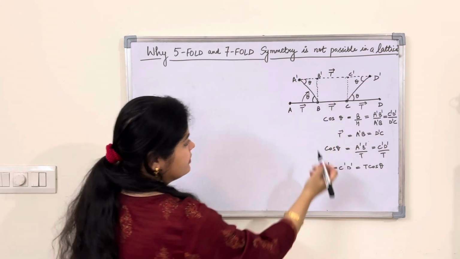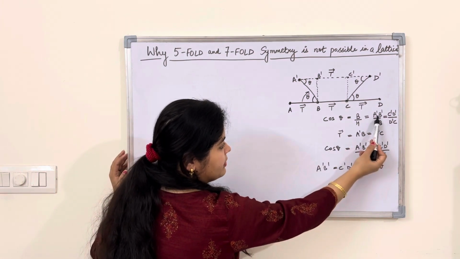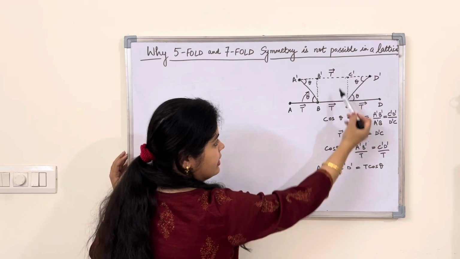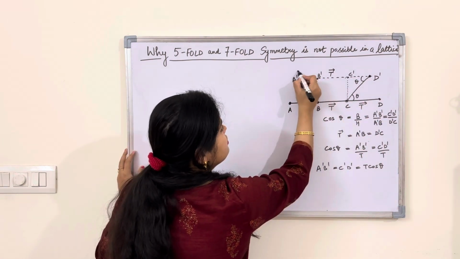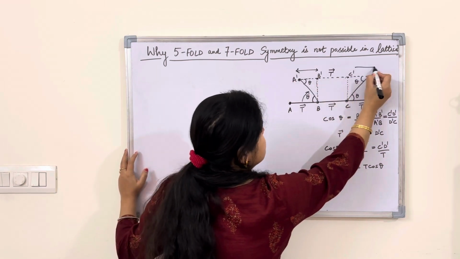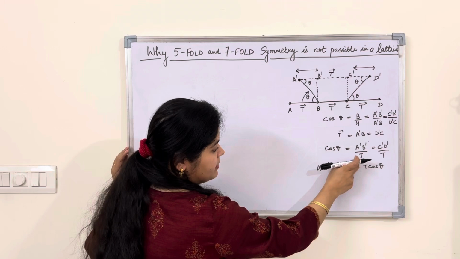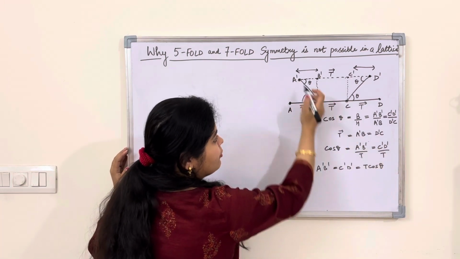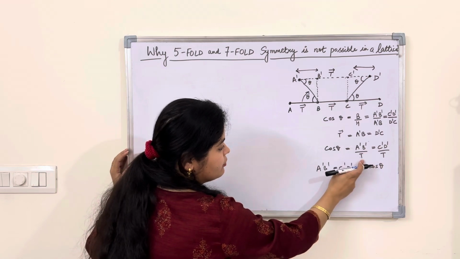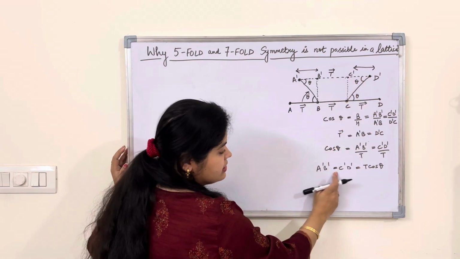So this is also T. So cos theta equals A prime, B prime divided by T, and in this triangle it equals C prime, D prime divided by T. So I want to know what A prime, B prime is. It comes out to be T into cos theta, and C prime, D prime is also T into cos theta.